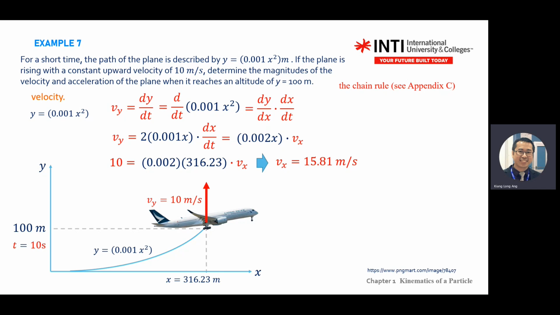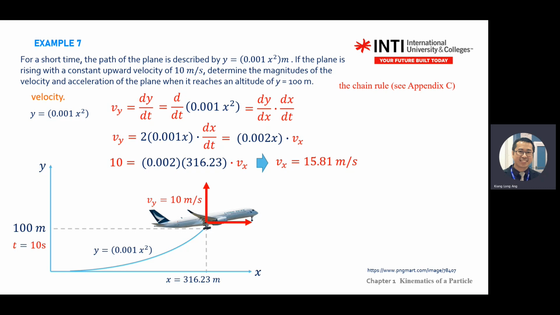From today onwards, you need to use the chain rule for curvilinear motion. Go and read Appendix C or refresh your understanding of the chain rule. Next, go to the chart that you drew and update the vectors inside the graph. Vx equal to 15.8 in this direction, and this is the y direction.